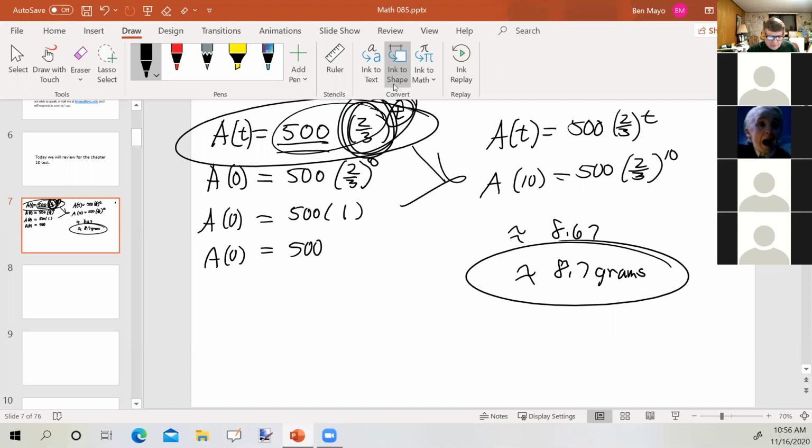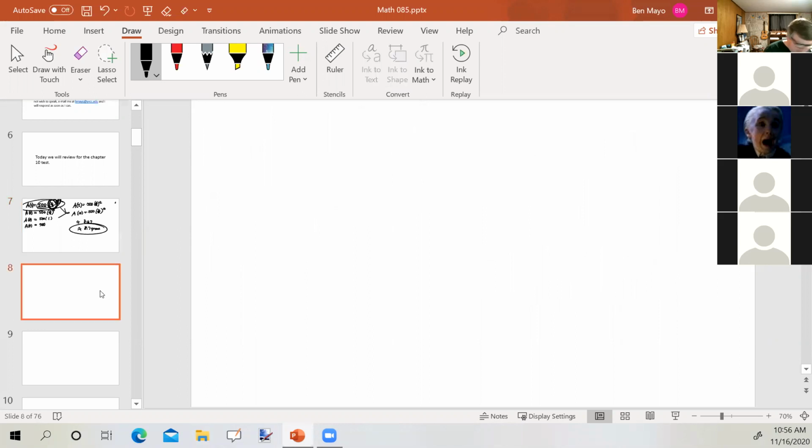So if at the beginning of time, there's 500 grams, after 10 years, there's 8.7 grams. You all right with that? Okay, well, I'll hope that that means yes. Yes, it's good.